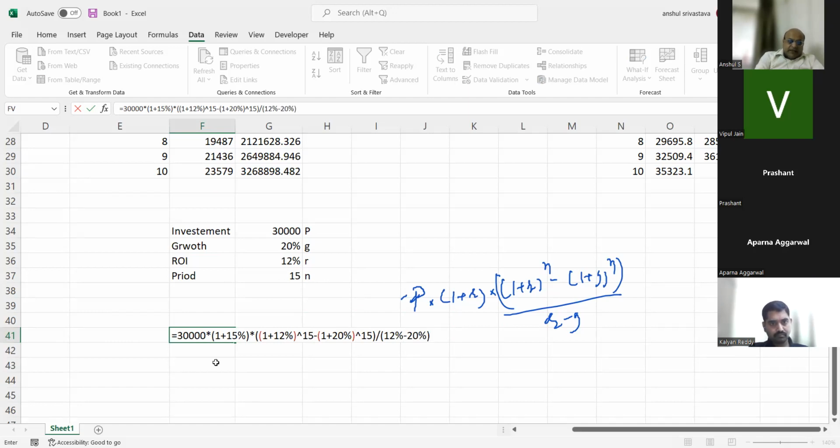Got the formula? Exactly the same formula that we applied: P into 1 plus R into 1 plus R to the power n minus 1 plus G to the power n, divided by R minus G.